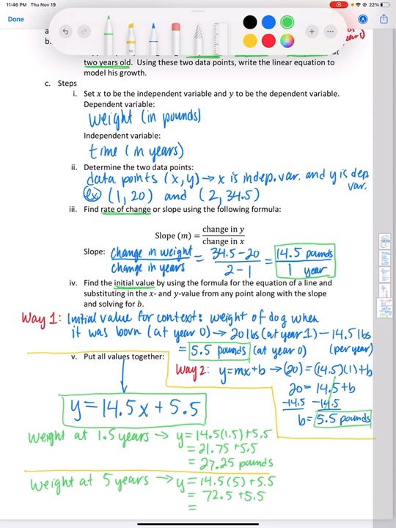We add 5.5 to that, we get 78. So 78 pounds is a lot of weight, but maybe that's how it works. But dogs probably don't increase their weight 14.5 pounds per year when they're old. So the model will break down a little bit. But for early years and early life, the model should work fine.